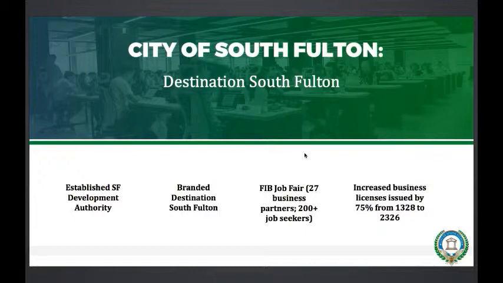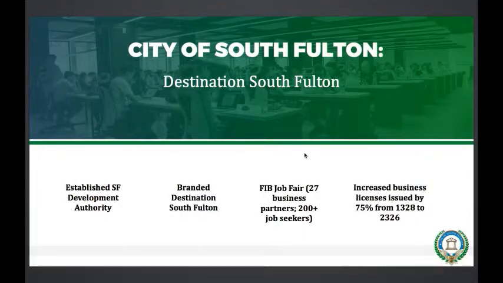We branded Destination South Fulton again as the economic development engine for the city of South Fulton, who is responsible for recruiting and retaining businesses to the area, again, to enhance our workforce and be able to bring quality jobs to the area. Hosted a job fair where we had approximately 27 businesses to participate and over 200 job seekers that came out.